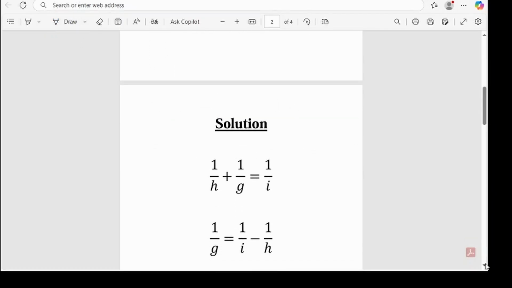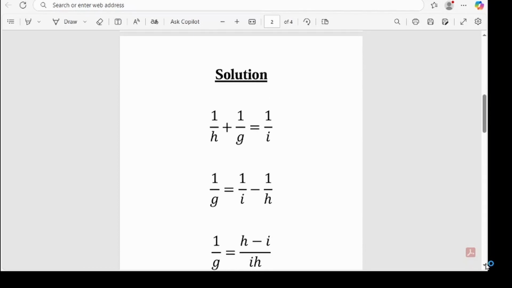So 1 over h plus 1 over j equals 1 over I, right? In making j the subject of the relation, you move 1 over h to the other side of the equation where 1 over I is, okay?